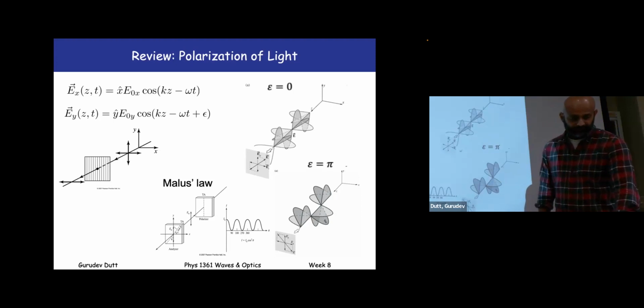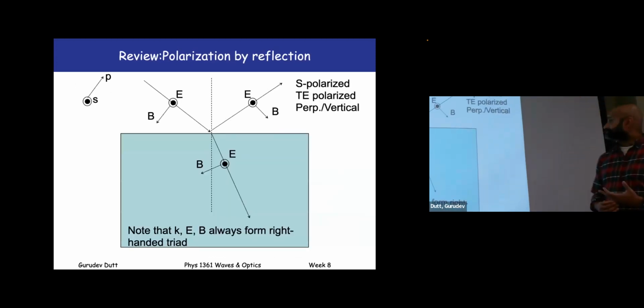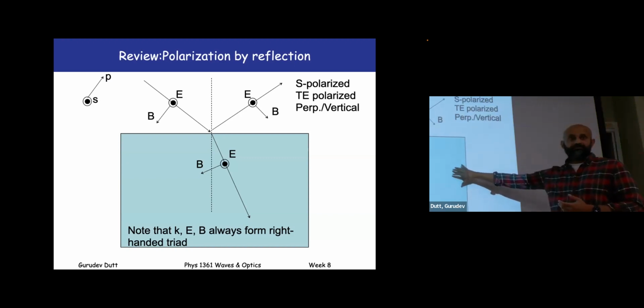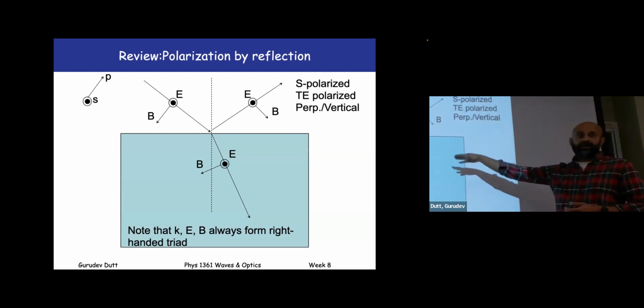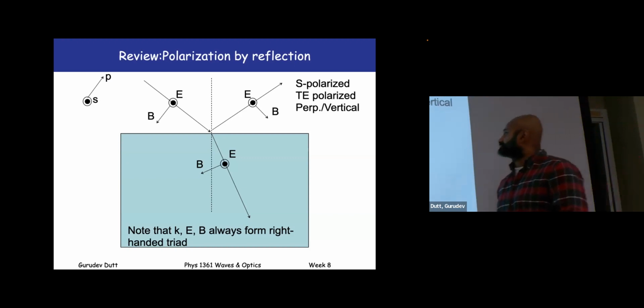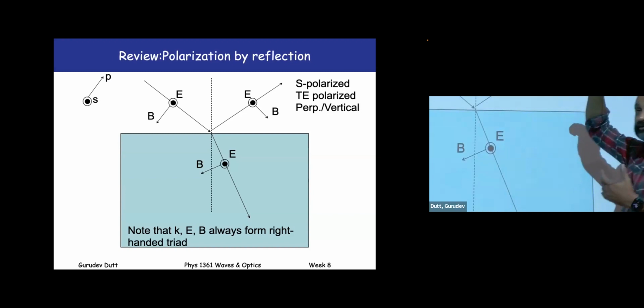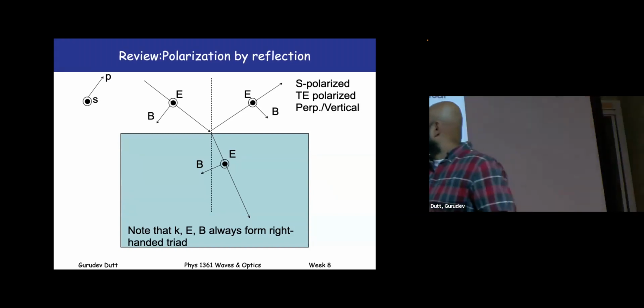Okay. Then in the last class, I also introduced to you the sign convention, or the way in which we depict the vector diagrams for polarization by reflection. This is another way to polarize light, where if you take a dielectric medium like glass and you shine light on it, and if the light consists, say, exclusively of S-polarized or perpendicular polarized light, where the electric field is perpendicular to the plane of incidence, then this is our orientation of all of the electric fields.